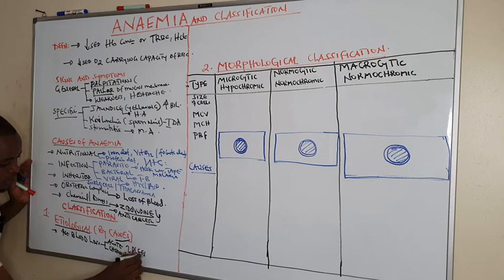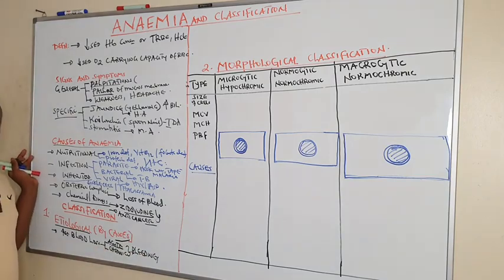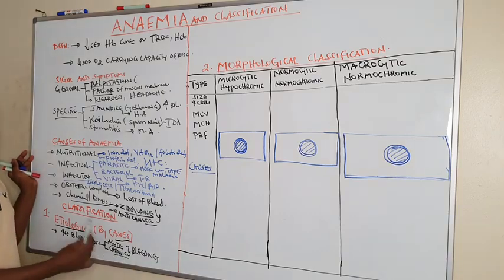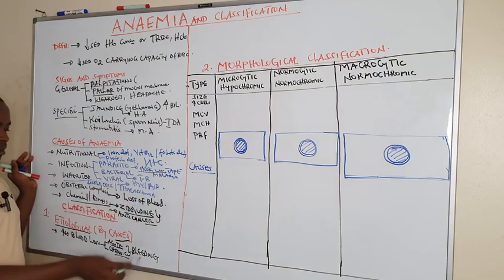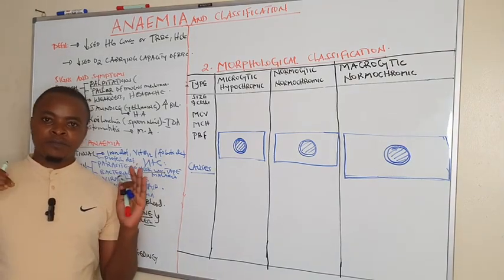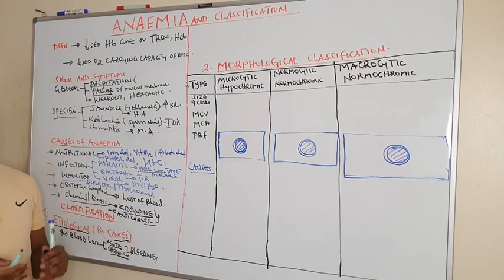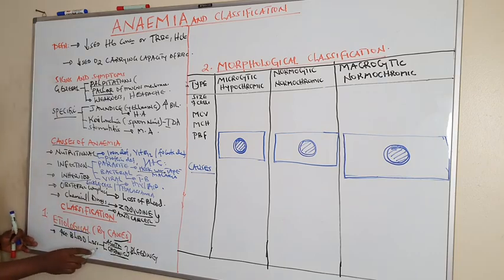So long as someone is bleeding, it can be acute, after maybe a road traffic accident or trauma, or chronic, when someone is bleeding due to maybe hookworm infestation, or menorrhagia, that is prolonged menses.